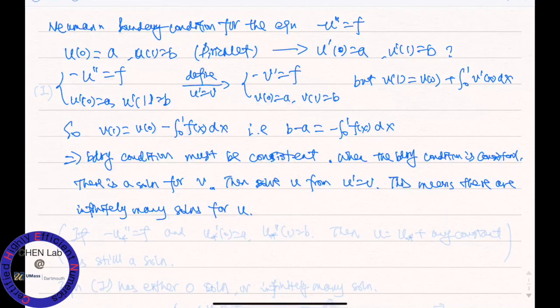Going back to the original observation, because u never appears, and only appears as u prime and u double prime, that means if you get a solution u star, then you can add any constant to u star, which is still a solution.